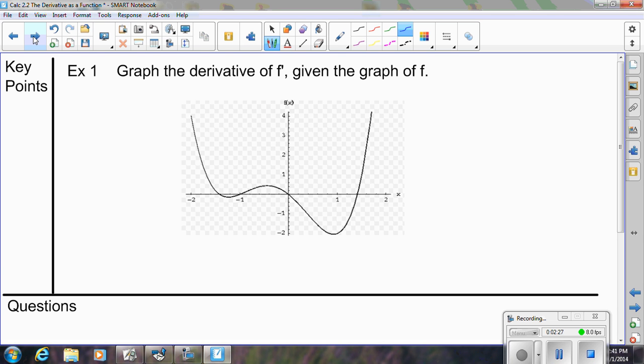So for a piece like this, there are a lot of them that we could look at and say, right here, our tangent line, and there we have a tangent line, and there we have a tangent line. Each of those tangent lines is horizontal, which means each of them has a slope of 0. At each of these x values, where we have this peak or valley, that's where the derivative is 0.